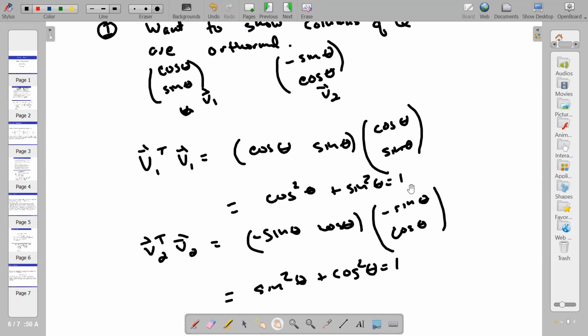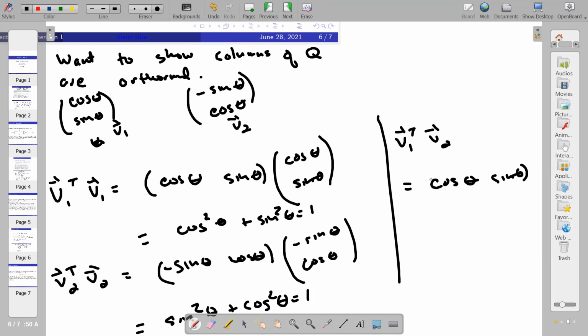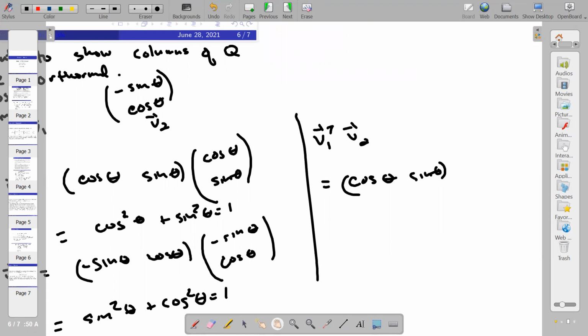Now you want to show that they're at right angles, so there's an additional calculation. You check to see that V1 transpose times V2, the dot product, is 0. You're hoping that's true. The first vector is cosine theta, sine theta times minus sine theta, cosine theta.